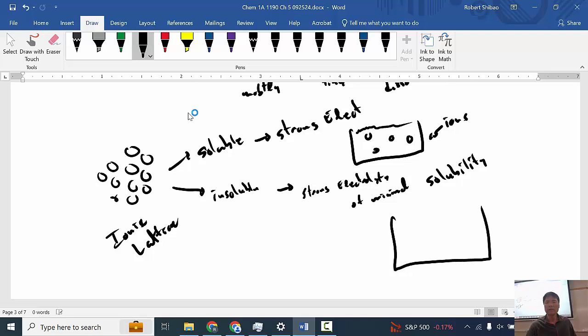So if we took that lattice and put it in water like this, most of the lattice stays intact, but maybe some ions break apart. Over here we have lots of ions. Here we have very few ions, as in the number.